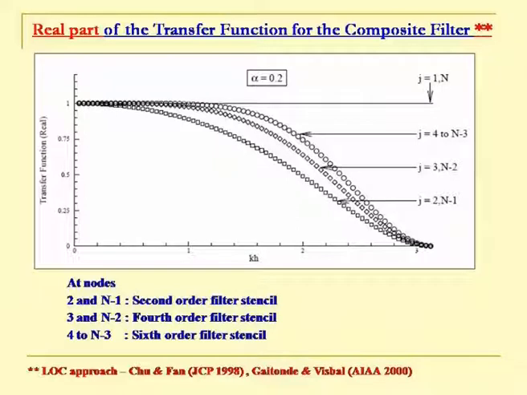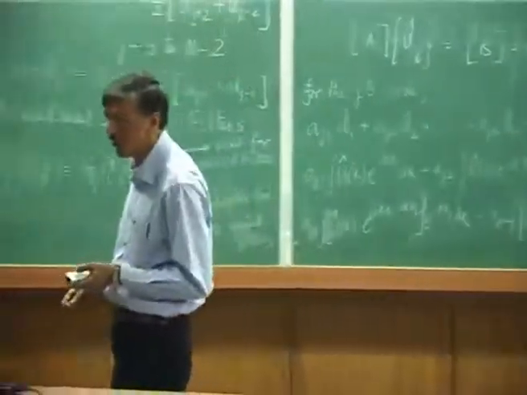Well, this is much better than using a one-sided filter. We do not have to worry about numerical instability. You may lose a bit of accuracy at lower kh near boundary points, but by and large it looks pretty decent. Okay. And of course, you have additional control over alpha equal to 0.2.